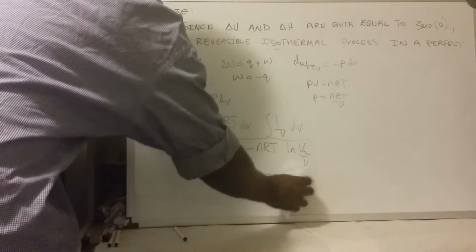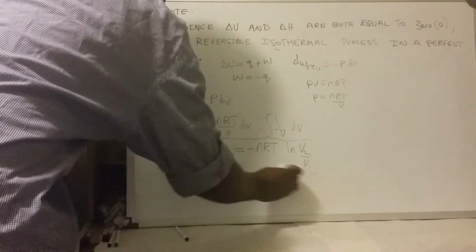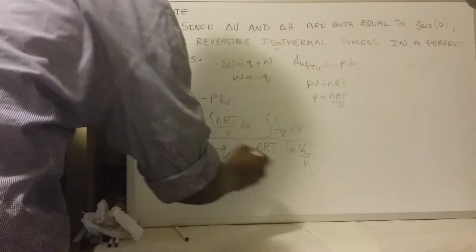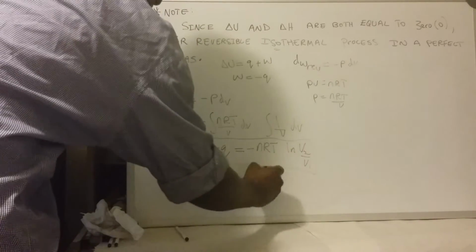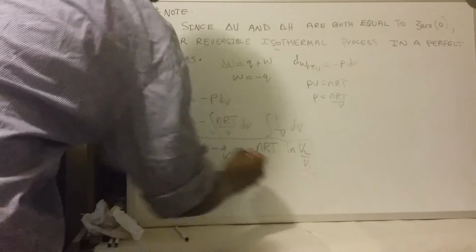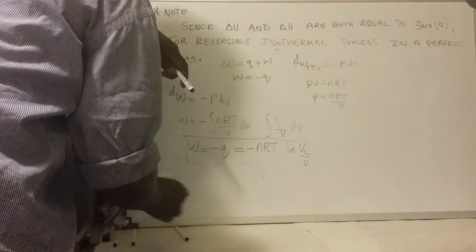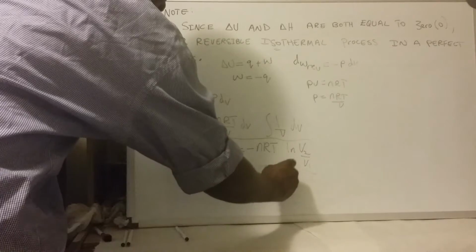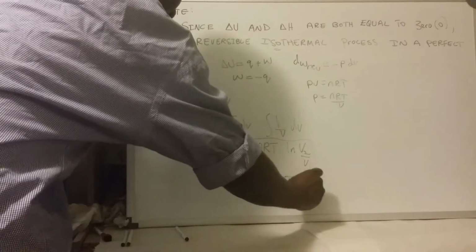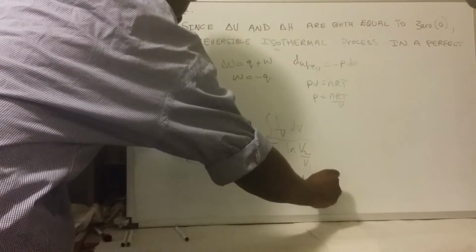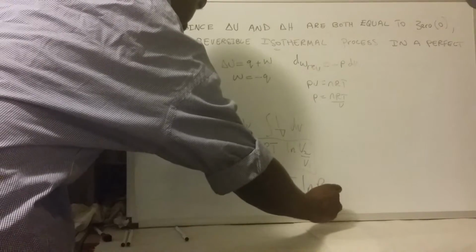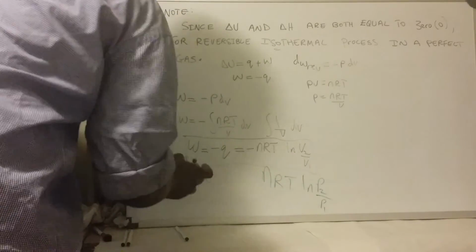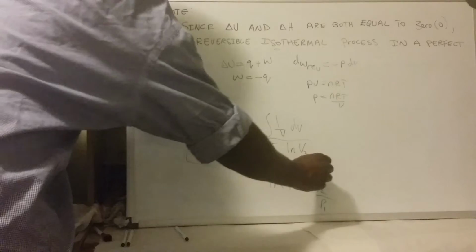This is when the temperature is constant. We can also write ln of P2 over P1, so we just replace that with this, depending on what we're given.